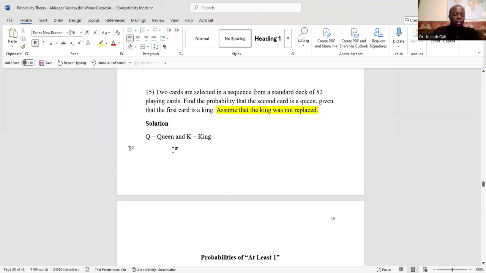So the probability that the second card is a queen, given that the first card is a king, equals: since it wasn't replaced, we still have 4 queens, but 3 kings left and 51 cards left. So the probability becomes 4 queens out of 51 cards, and that will give us the answer.